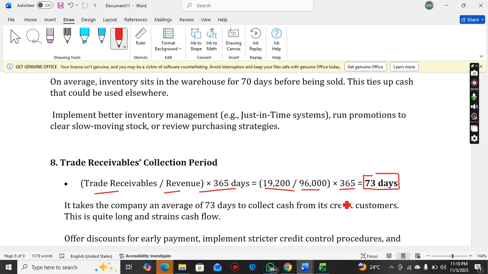So you would advise this company to lower the number of days and try to collect as fast as you can. Also, the longer you take, the more likely you are to lose that money. Any questions?